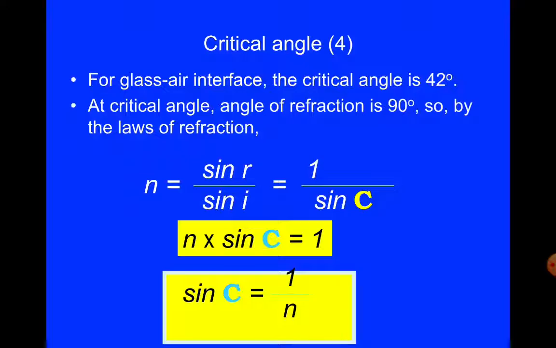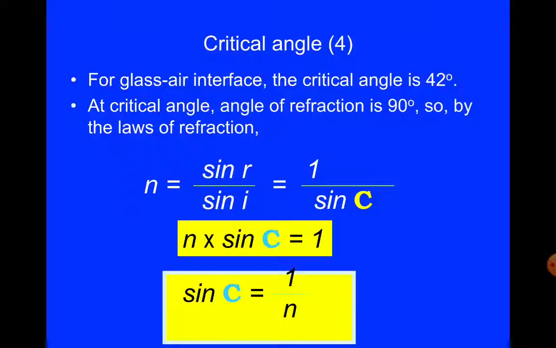Now, sine of the refracted angle, sine 90 degrees, is 1, and the incident angle is C, so we can rephrase the formula: sine C is 1 over n.